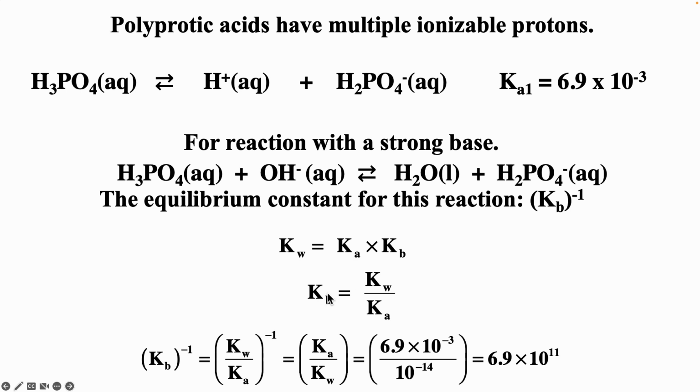And the Kb of dihydrogen phosphate equals the Kw over Ka. And so that means 1 over Kb is going to be equal to Ka over Kw. And so we have 6.9 times 10 to the minus 3 divided by 10 to the minus 14th, and that gives us 6.9 times 10 to the 11th. And so this is the equilibrium constant for that right there.